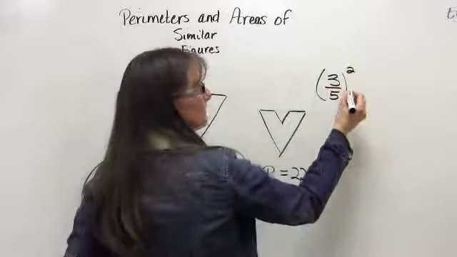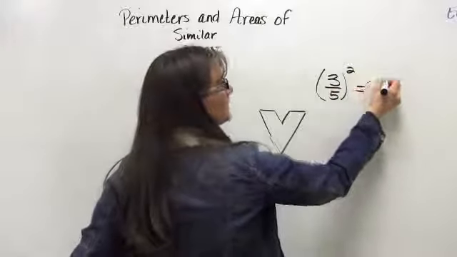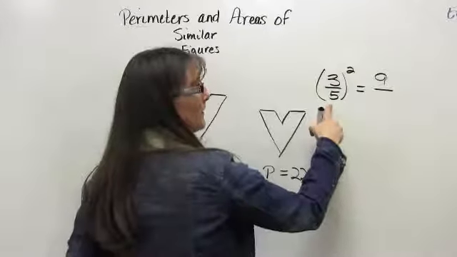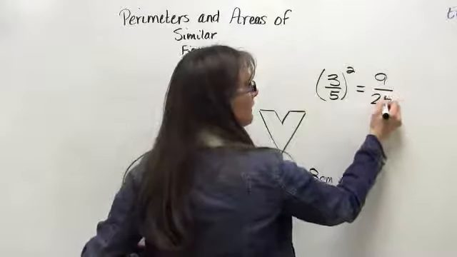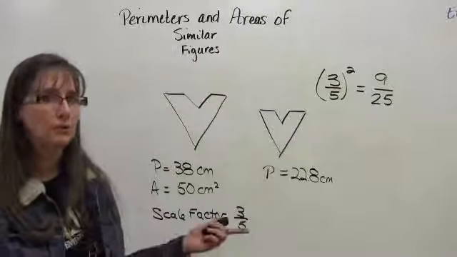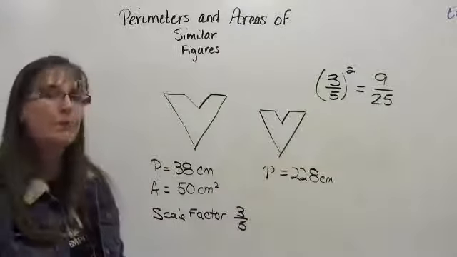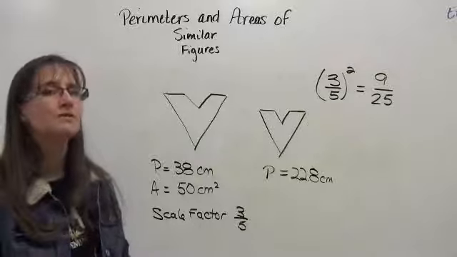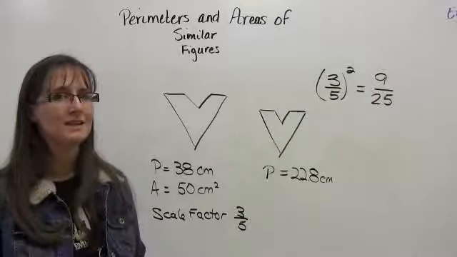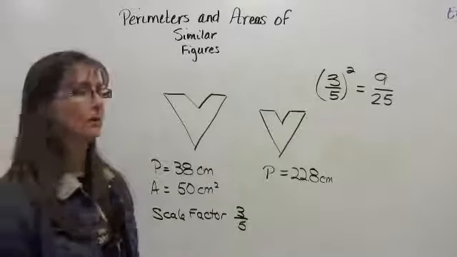So 3 squared, which is 3 times 3, that's equal to 9. And 5 squared, which is 5 times 5, is equal to 25. So to find the area of my smaller shape, I won't be using 3/5. I'll actually be using 9 over 25 because remember, it's equal to the scale factor squared.